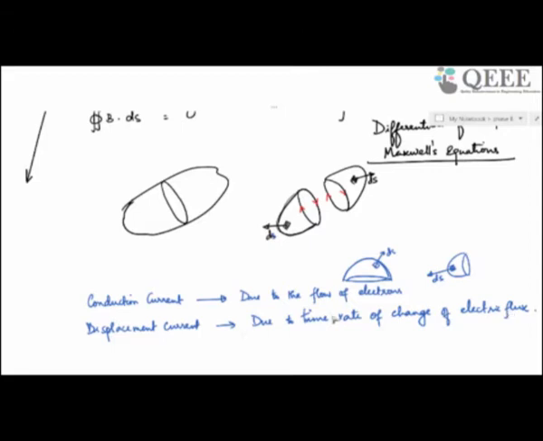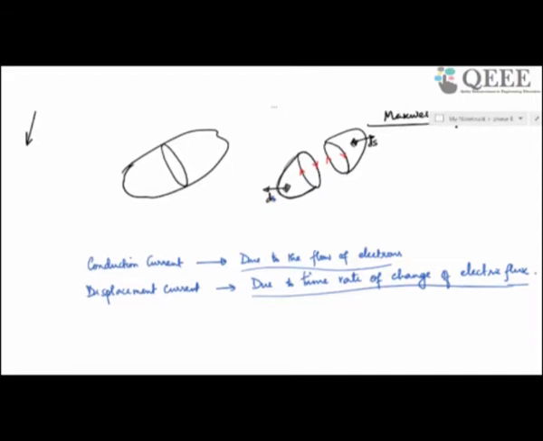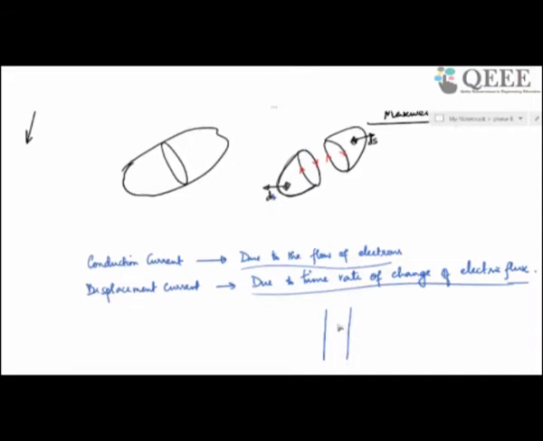I could have situations where I have both flow of electrons and time change of electric flux, or I could have a situation where I have only change of electric flux but no flow of electrons. If I take a capacitor with a dielectric, inside this dielectric I have displacement current because I can't have electrons flowing inside the dielectric. Whereas in a wire I have conduction current.